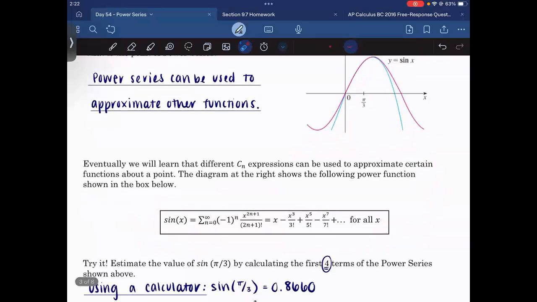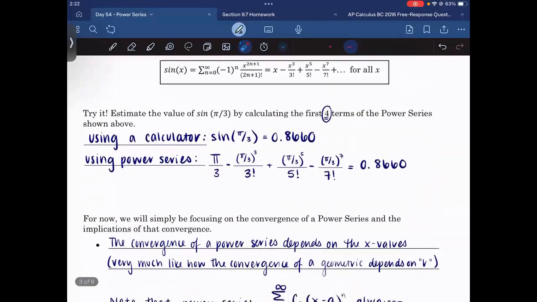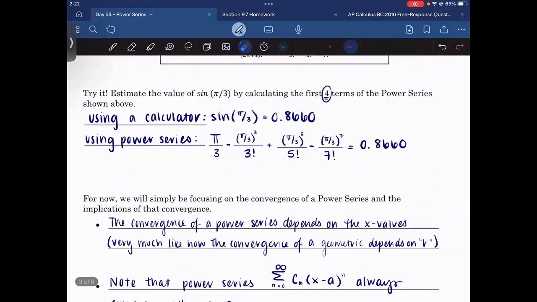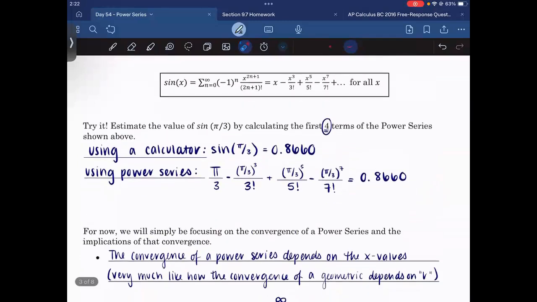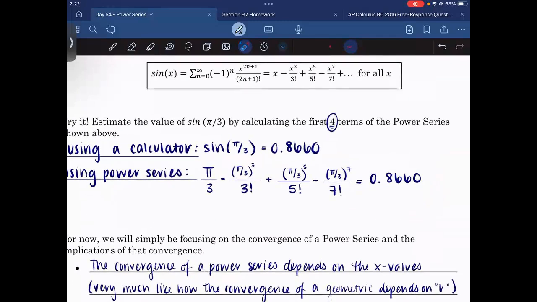Shows that. And then if we were to estimate the value of sine of pi over 3 by calculating the first 4 terms of the power series, we're just going to plug in pi over 3 for every x value over here. In a calculator, obviously we can do it very quickly. I just used a decimal form for this.